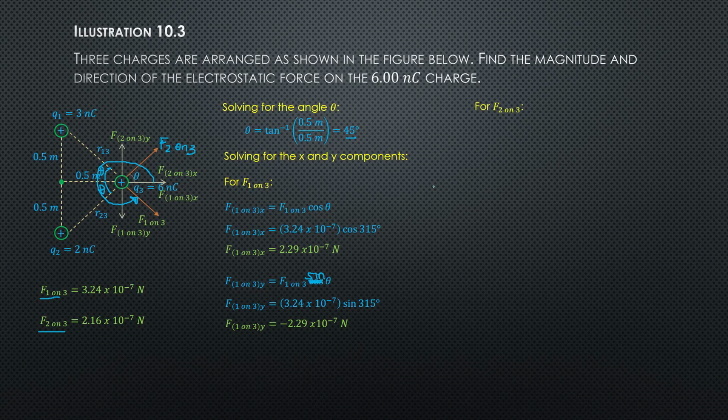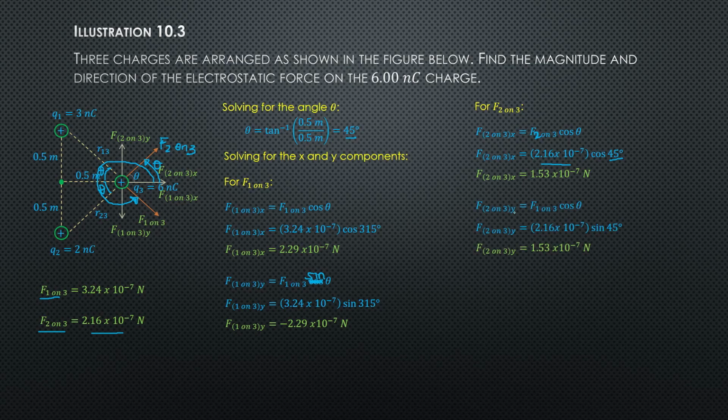Now for F2 on 3, same formula. F2 is 2.16 times 10 to the negative 7, times cosine 45. As you can see, this is only in quadrant 1, and I used 45 degrees, so the value is positive 1.53 times 10 to the negative 7 newtons, lying on the positive x-axis.